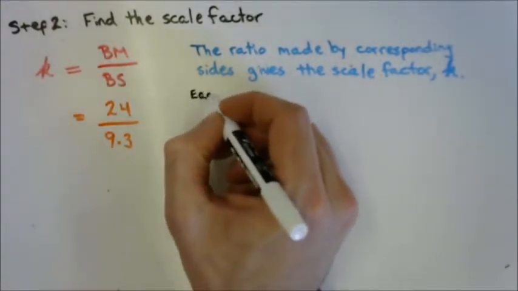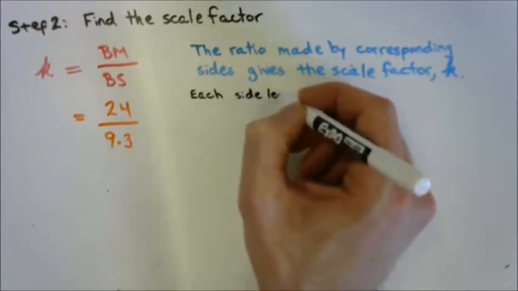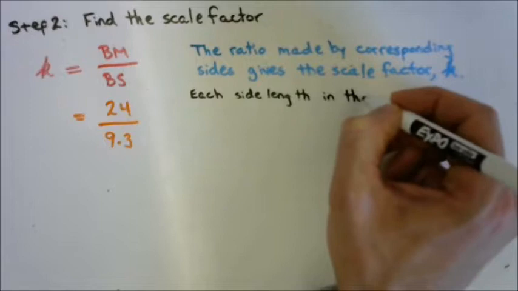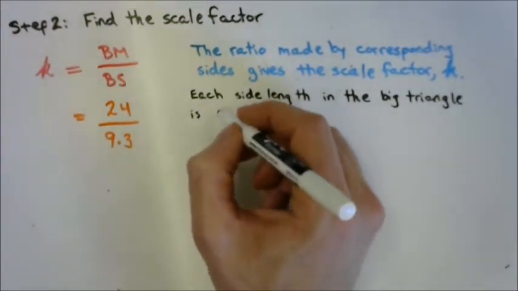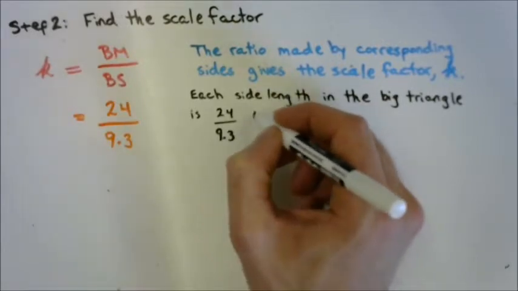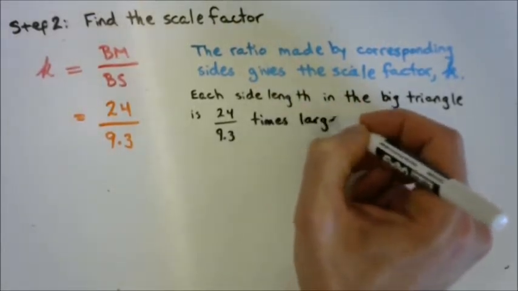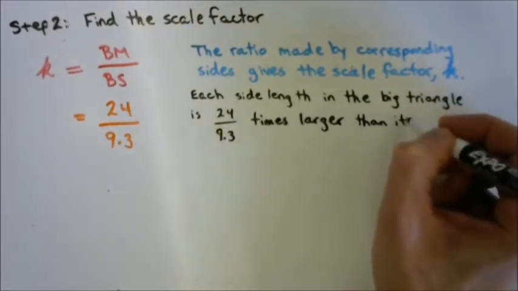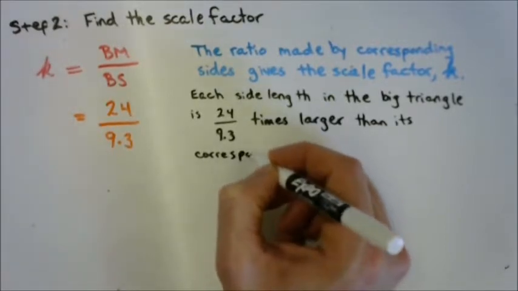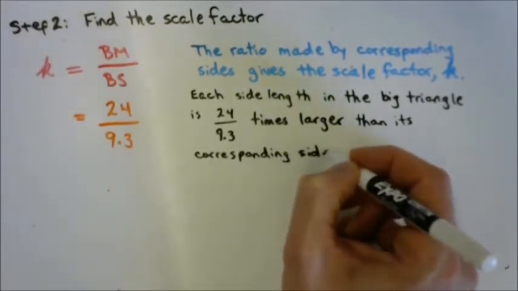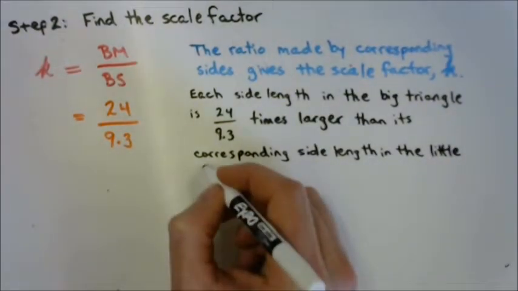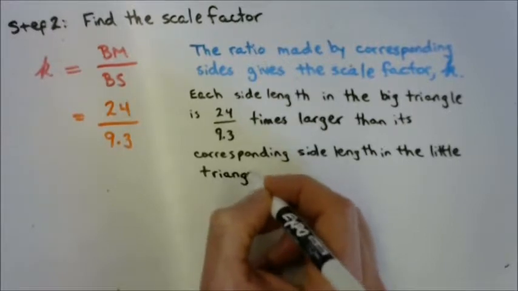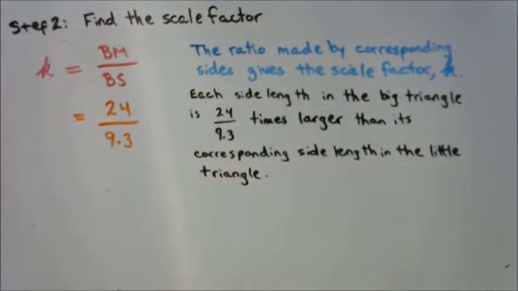So each side length in the big triangle is 24 over 9.3 times larger than its corresponding side length in the little triangle.